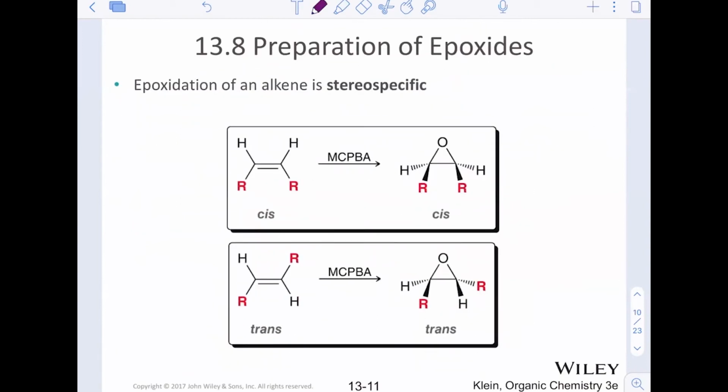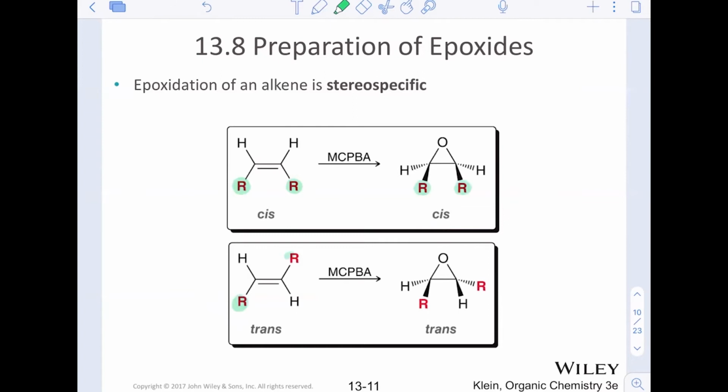Now, epoxidation of the alkene was stereospecific, meaning that it was concerted, happened all at the same time, and when it did happen, the stereochemistry of the alkene helped us predict the stereochemistry of the product, right? So what we can see here is that if we had a cis alkene, those R groups remained cis.